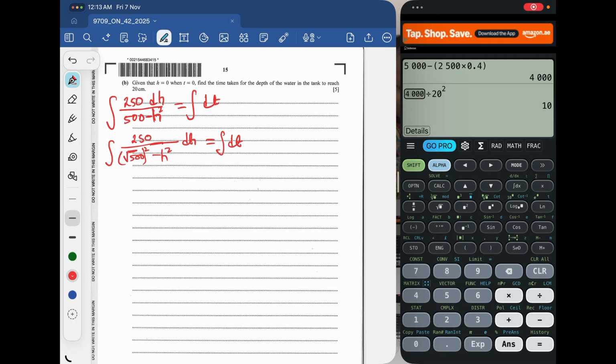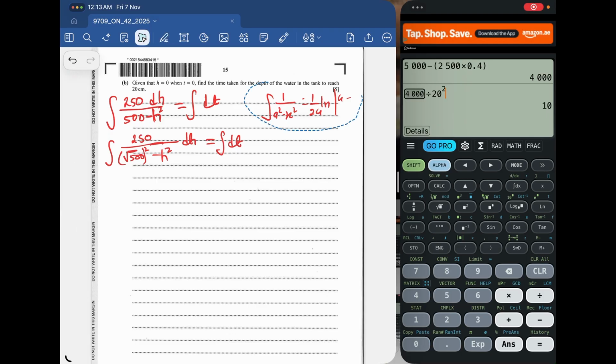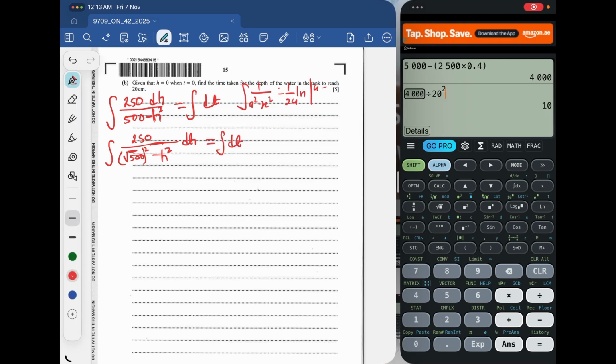The integration of 1 over a squared minus x squared is 1 over 2a ln the modulus of a plus x over a minus x.